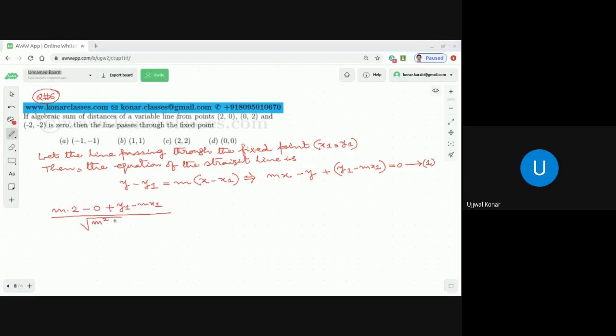Coefficient of y is minus 1, so minus 1 whole square is plus 1. So you can write m square plus 1. So this is the first point, the distance from the point (2, 0) to the straight line in equation 1.